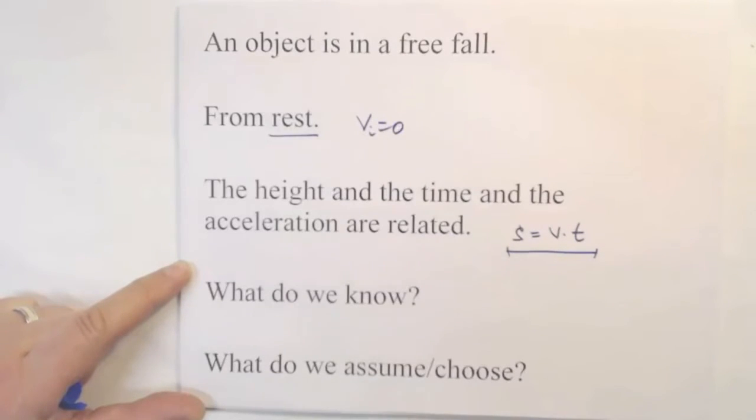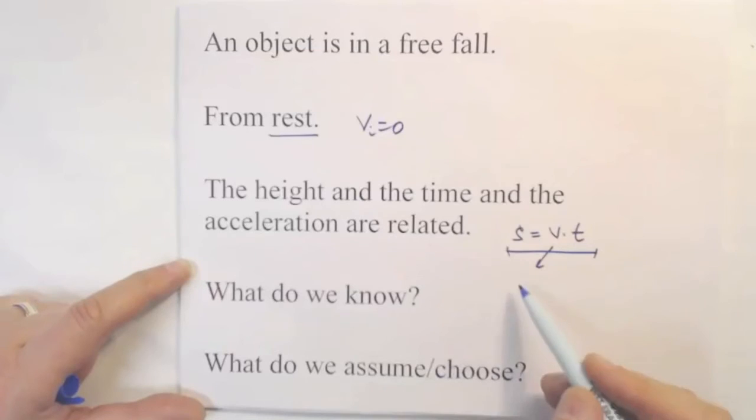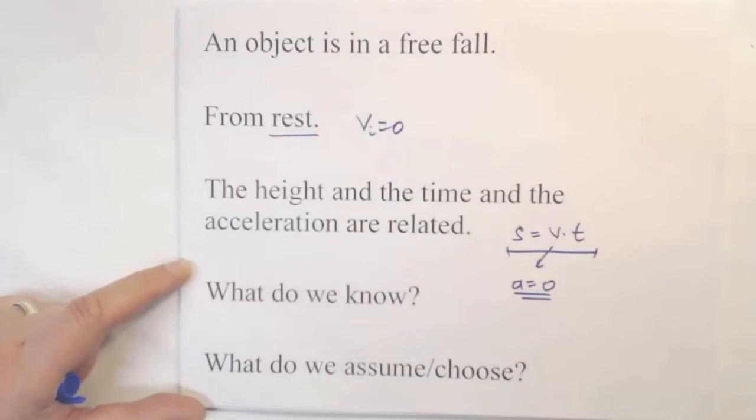Well, we could assume that we could, and we could try to solve this problem and see if it makes sense. But this assumption probably wouldn't work, because for every equation there are specific situations when those equations work and when they don't work. This equation works only and only when there is no acceleration, or acceleration is 0.